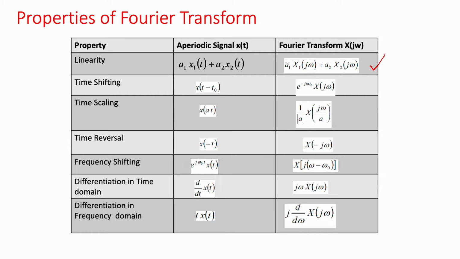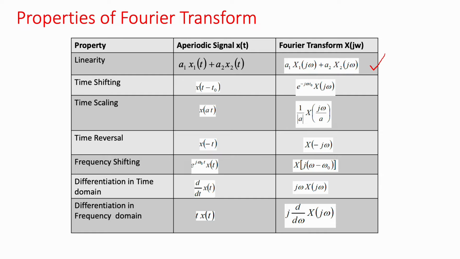Then the time shifting property: x of t minus t naught gives e power minus j omega t naught x of j omega. Time scaling: x of a t, where a is the scaling factor, gives 1 by modulus of a x of j omega by a. Time reversal: x of minus t gives x of minus j omega.